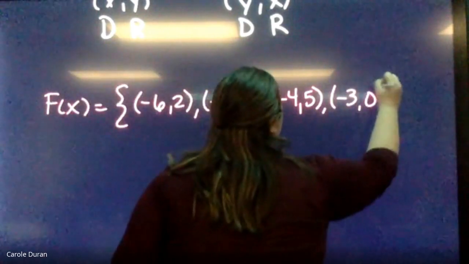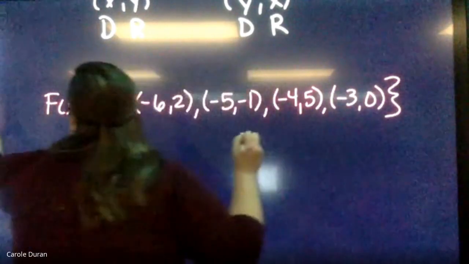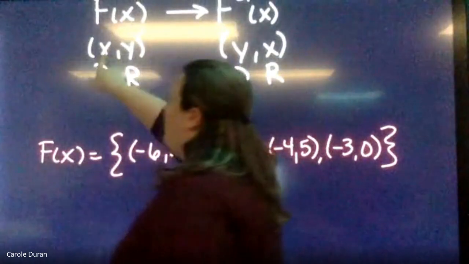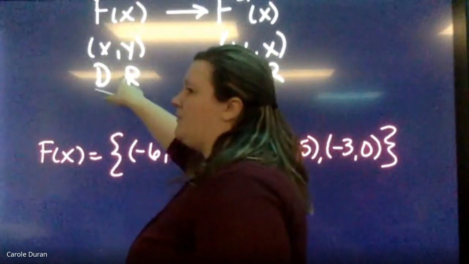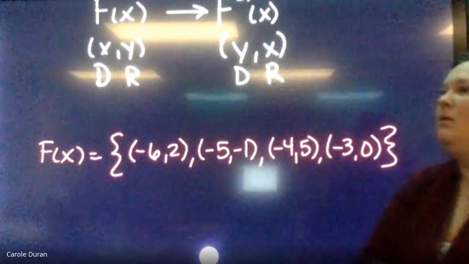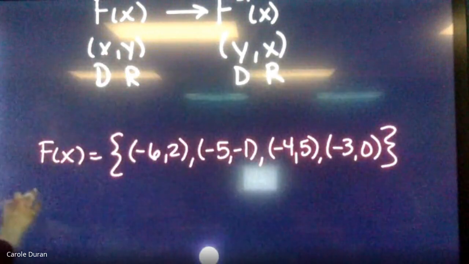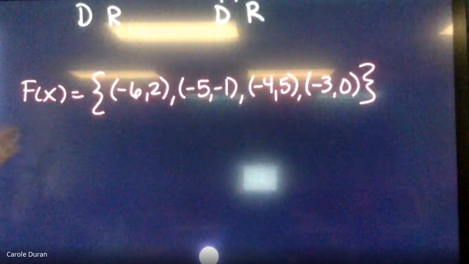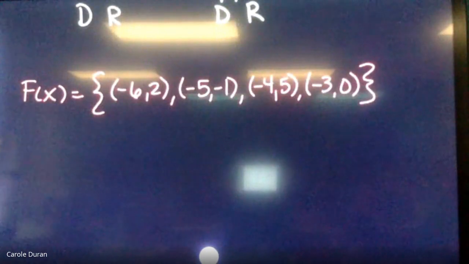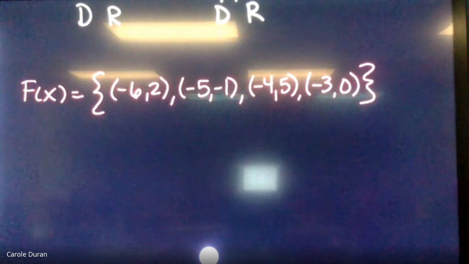In an original function, whatever we plug in is our domain. Whatever we get out is our range. I'm just showing you how they flip. So let's say for this example, I have this set of values that is my original function f, and I would like to find what my inverse function f -1 is.